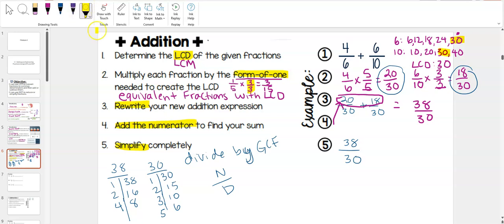Okay. And then the greatest one that they have in common, let's see, 1s, 2s, no 4s, no 8s, so it's just a 2. So my GCF is 2.